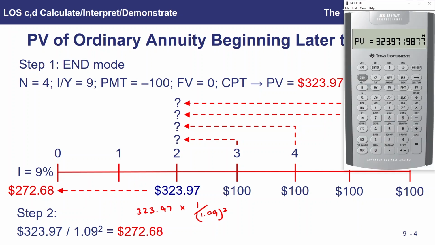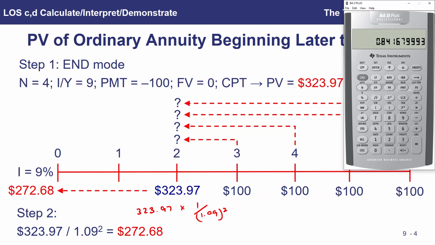And of course, you could do it on the BA2 Plus time value of money buttons, which again, we will check out just to make sure you're completely comfortable. So let's first of all do it the mathematical way. 1.09 to the power of 2, y to the x, 2, equals 1.881, which of course is a compound factor. To change it into a discount factor, we want 1 over that amount.